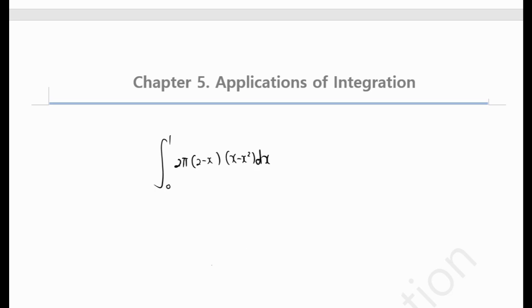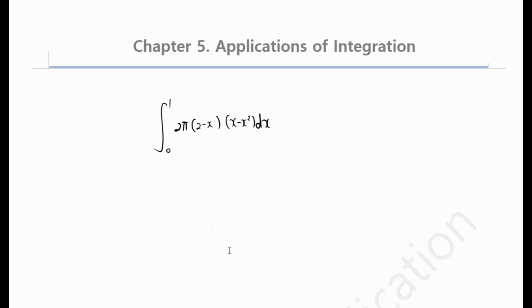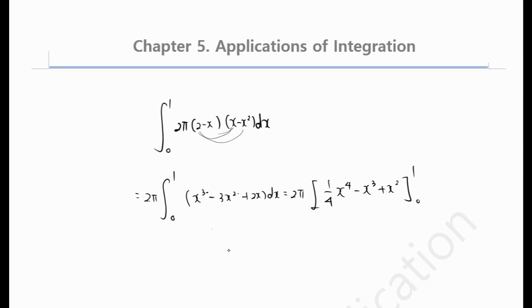This is the volume by using cylindrical shell. We can calculate this definite integral. This is 2 pi times the integral from 0 to 1 of x cubed minus 3x squared plus 2x dx, which is 2 pi times 1 over 4 x to the power of 4 minus x cubed plus x squared from 0 to 1.